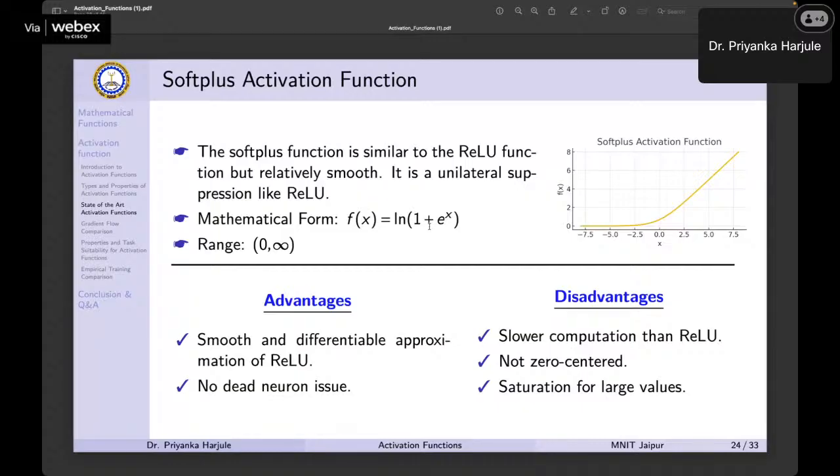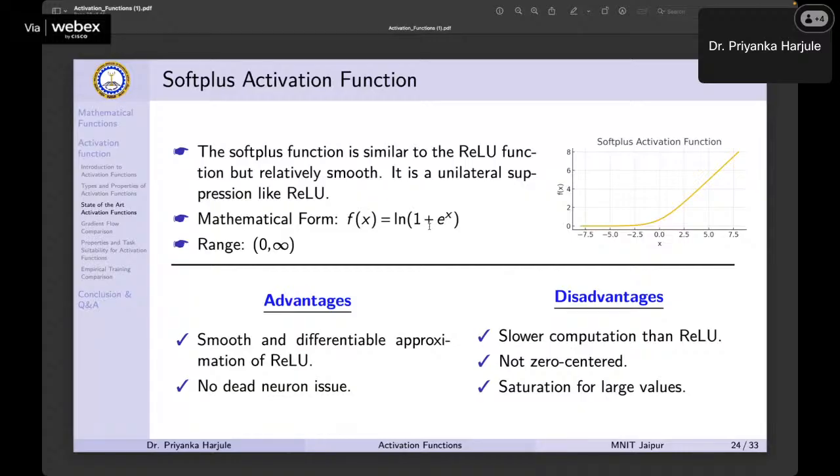So we use softplus when we want to avoid the dead neuron problem and we need smooth derivatives, for example in probabilistic models. But it is not suitable for large networks which need fast training. Here we already have log and exponential, which is quite computationally expensive.